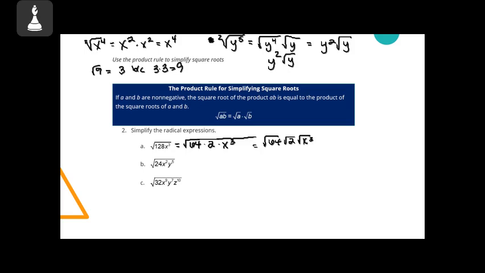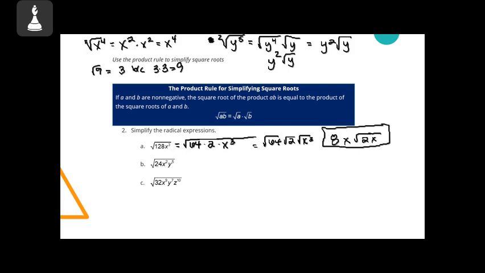The square root of 64 is 8. I cannot do the square root of 2, so that's going to be left over there. Now, the square root of x cubed, it's asking how many 2's are in 3. Well, there's 1 with 1 left over. So this, the square root of 128x cubed, simplifies to 8x square root 2x.